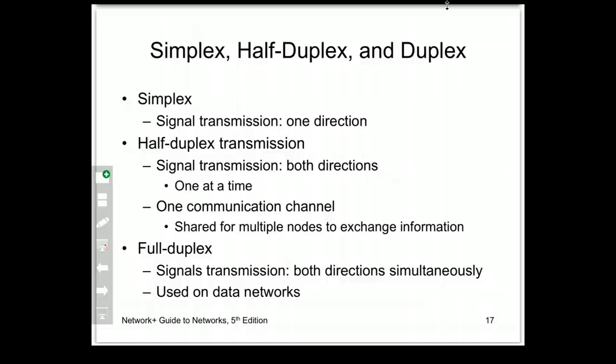So simplex is a very initial technology when it comes to what we're talking about with analog specifically, and into the digital, but analog initially because digital wasn't around. Simplex basically is one direction.